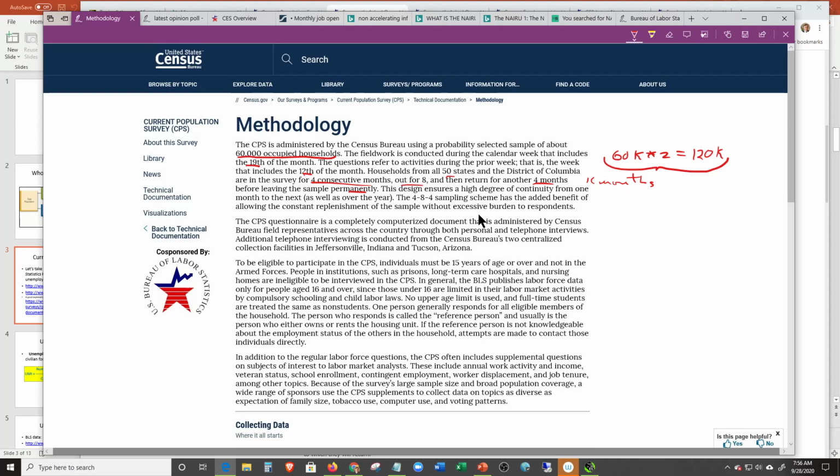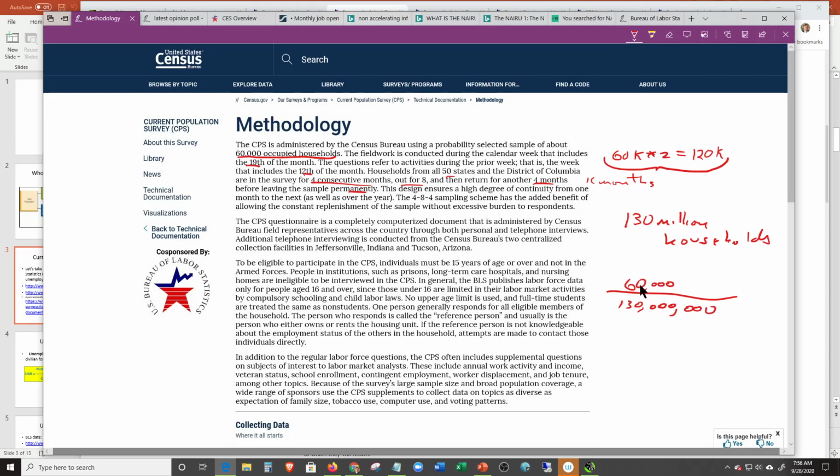How many households are there? I'm not sure. I'm just taking this off the top of my head, but I think there's probably 130 million households in the United States. So basically, you would have 60,000 over 130 million.